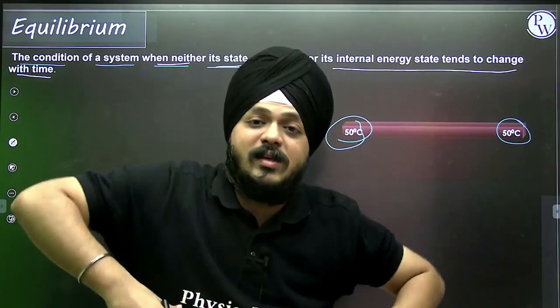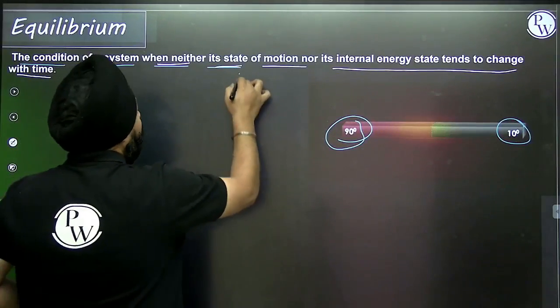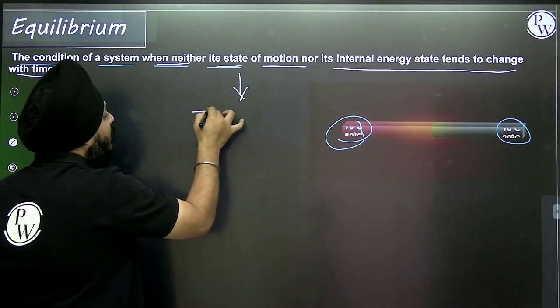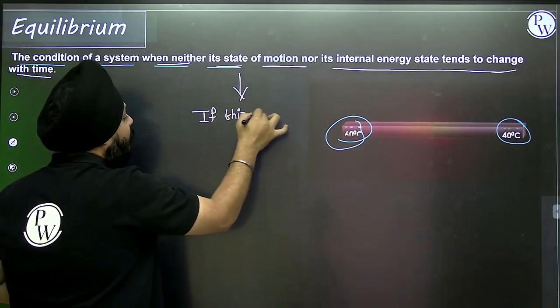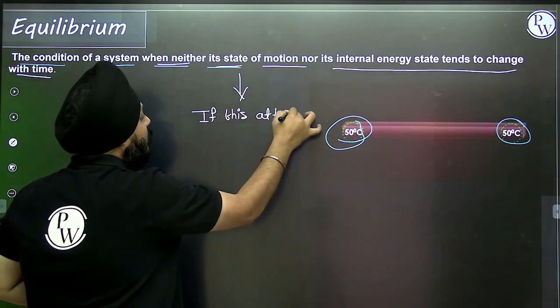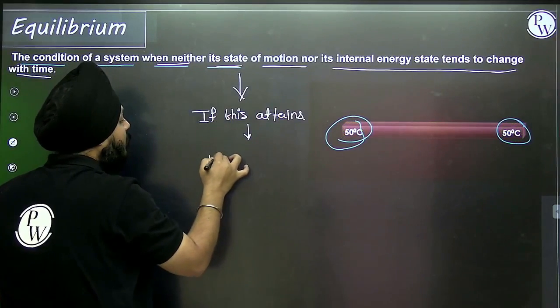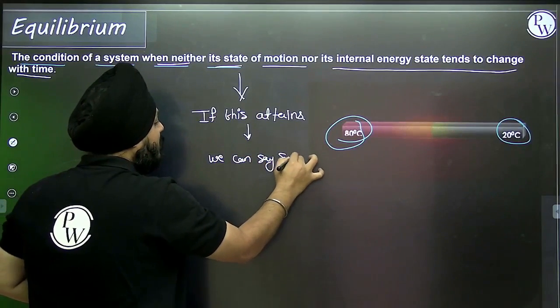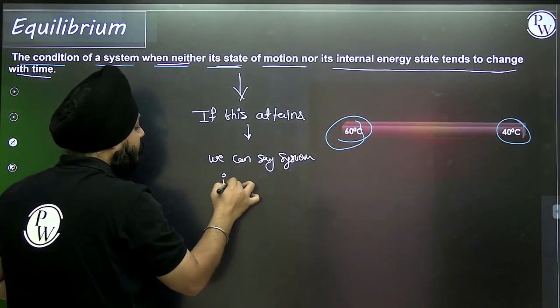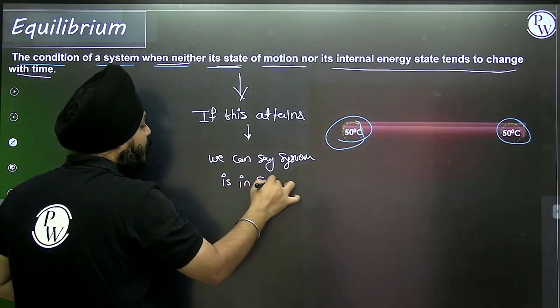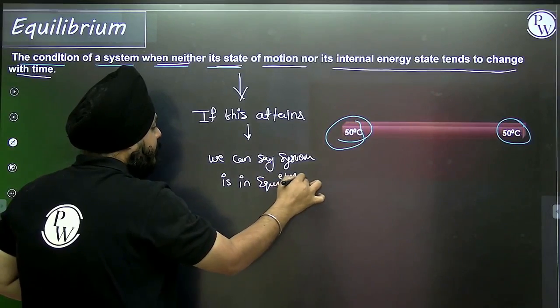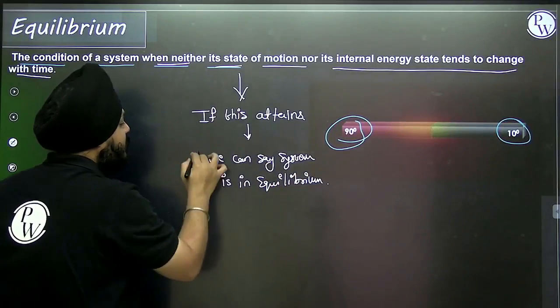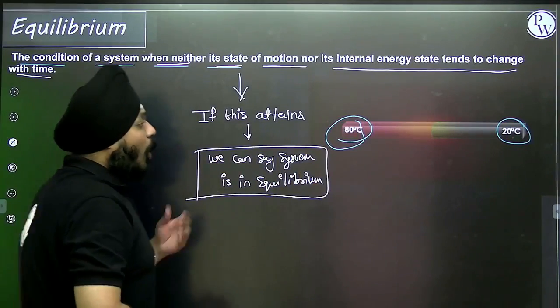If this situation is attained, we can say the system is in equilibrium.